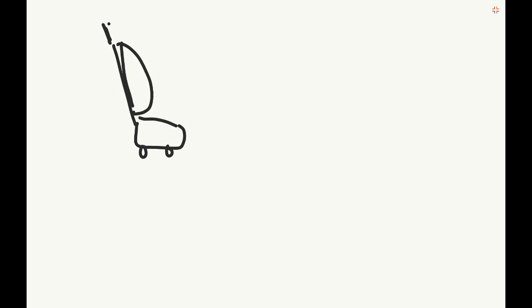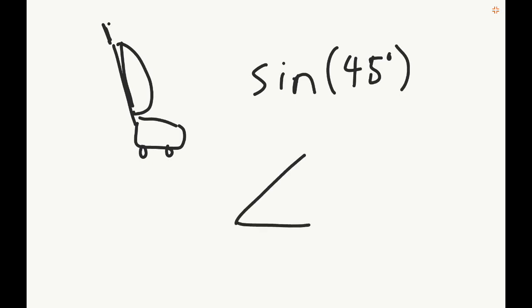A good example of this, a little more complicated, and this is where, again, maybe this would be an opportunity for it to actually start to matter, would be the sine function. So the sine function takes an angle in and it answers the question, so say sine of 45 degrees. What is the ratio between this side opposite the 45 degree angle and this kind of hypotenuse type thing here?